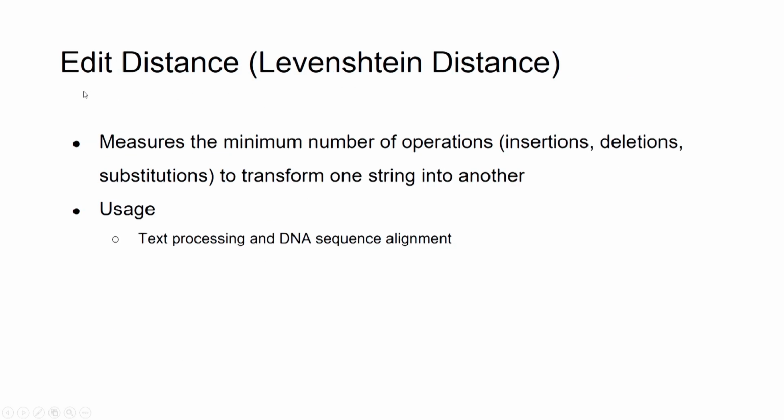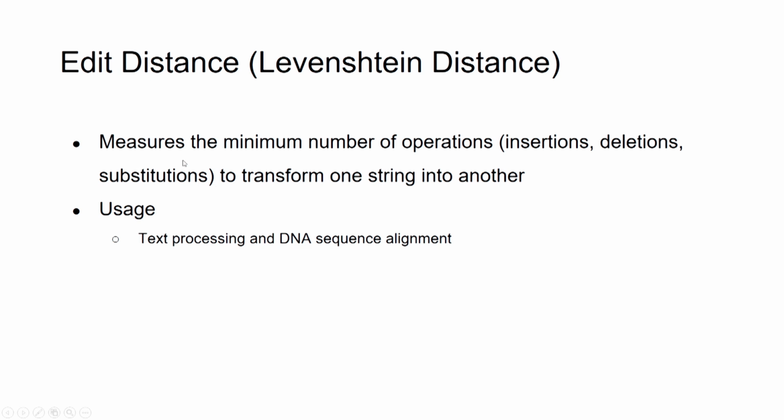The next distance is called edit distance, and it is Levenshtein distance. Generally this distance is used when we have instances like strings, or instances that we can represent as a string.